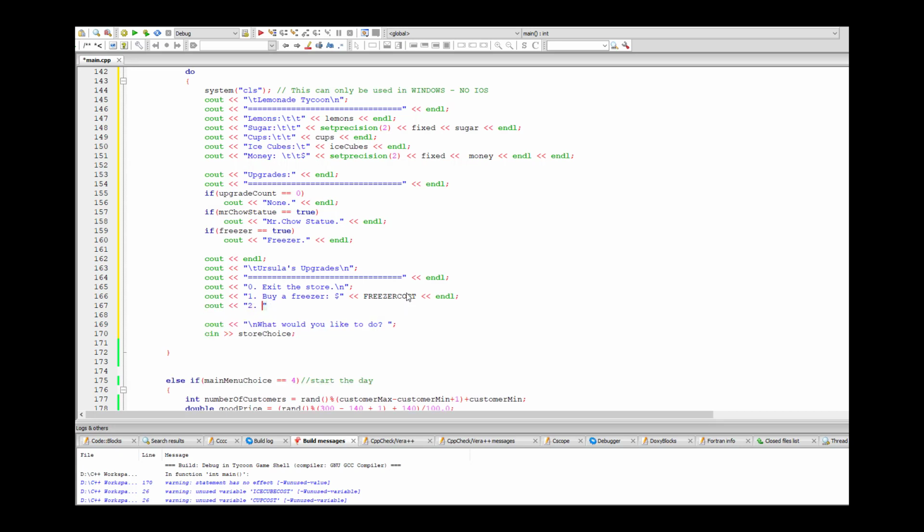Now, the reason why I'm doing 2 upgrades and in the store I only did 1 product is just because I want to show you different things that they can do and how to do them. So I'll buy a Mr. Chow statue.